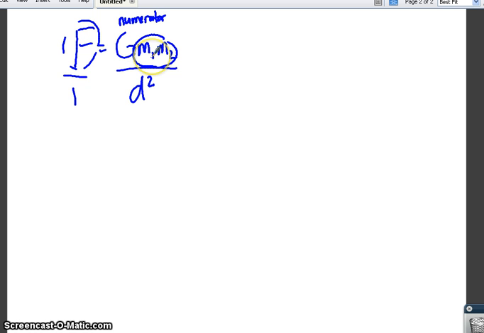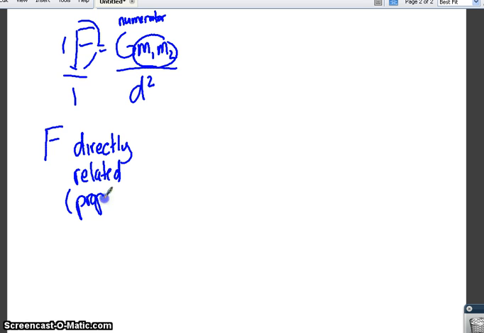And because they are both in the numerator and on different sides of the equation, force is directly related, also known as directly proportional.